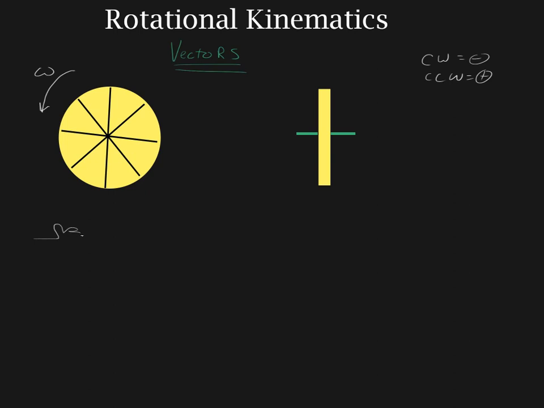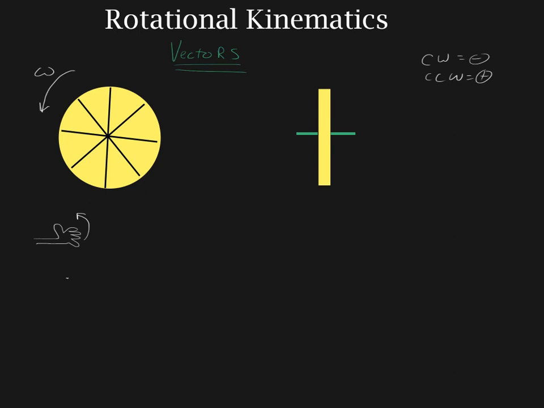There's your thumb, and there's your 4 fingers. And what you're going to do is you're going to curl your fingers in the direction that the wheel is rotating, and your thumb is going to point in the direction of the vector.